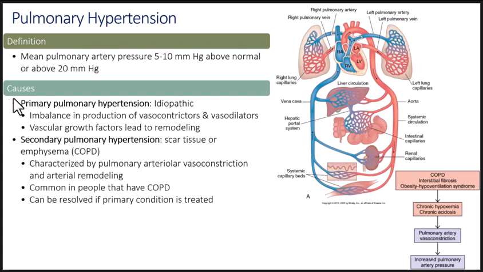A lot of times when we talk in this course about different causes, we will look at primary forms and secondary forms. Primary forms of pulmonary hypertension, called primary pulmonary hypertension, are a lot of times idiopathic, where there's no specific cause. It's not known why there is an increase, but what we do know is that there is some imbalance a lot of times between the production of vasoconstrictors and vasodilators.